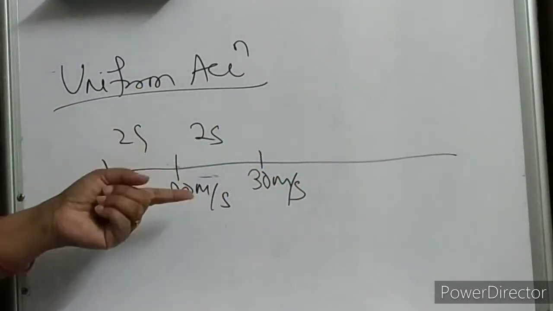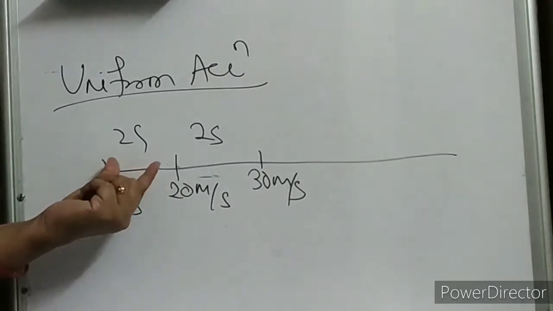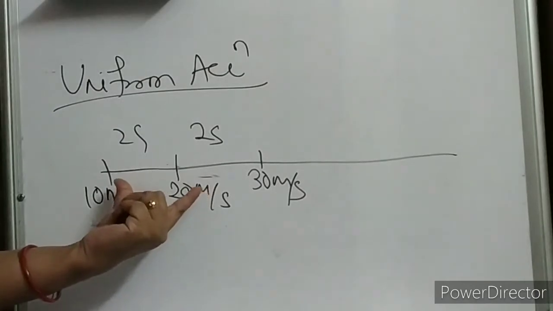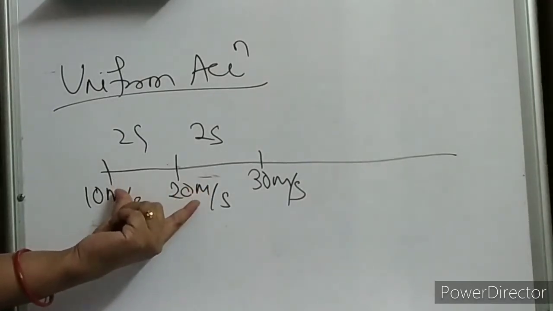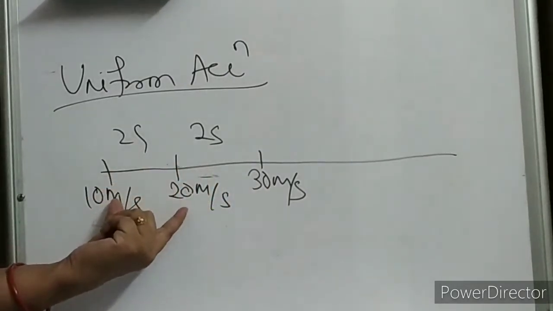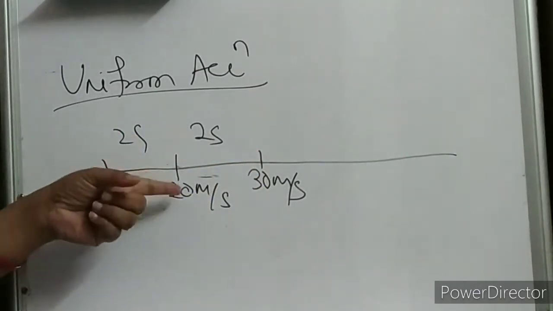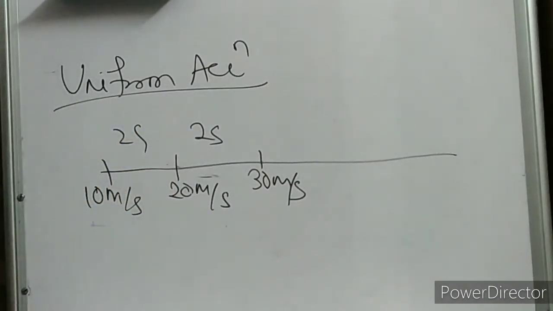When a body has uniform acceleration, it travels in a straight line and its velocity increases by equal amounts. Every 2 seconds, 10 meter per second. Your velocity is increasing in equal amounts in equal intervals of time.